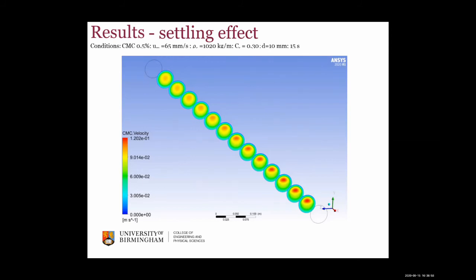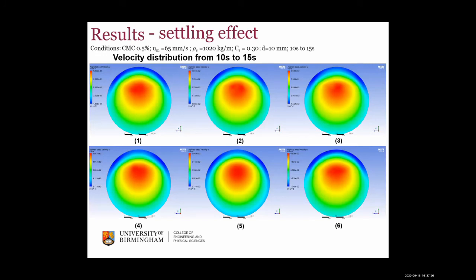But for the particle liquid phase, the velocity is varying with time. Just like these pictures, you can see the shape of the velocity distribution of those 6 pictures. They are almost the same, but the maximum velocity is different.